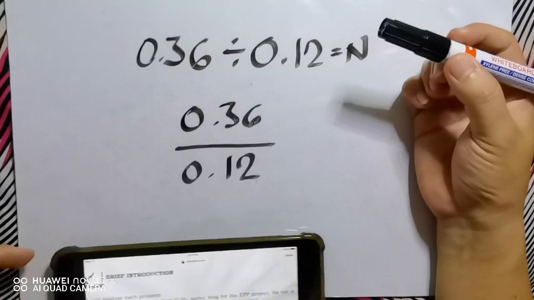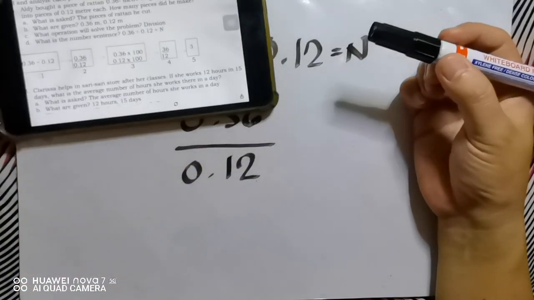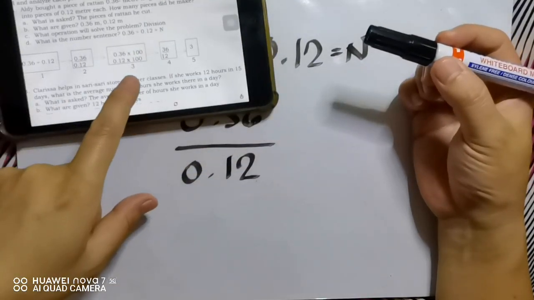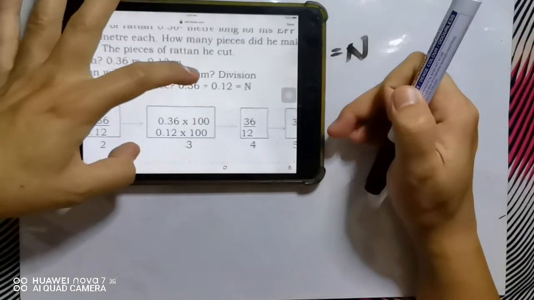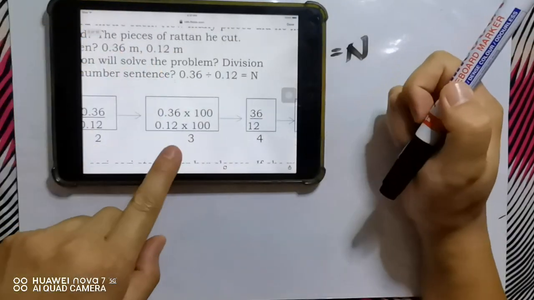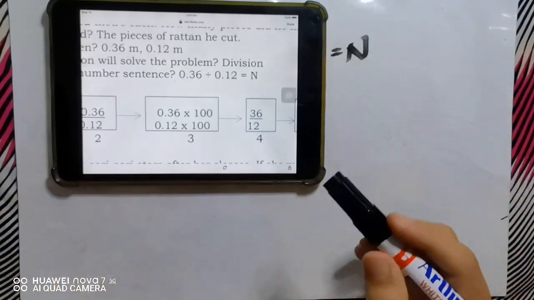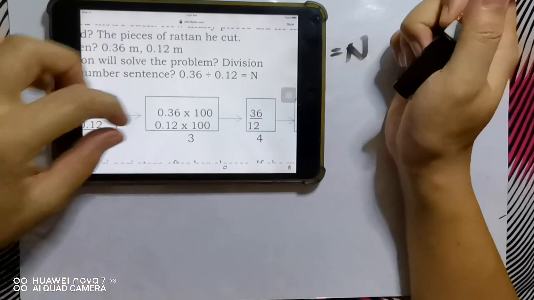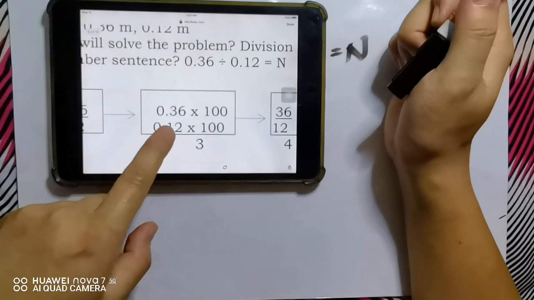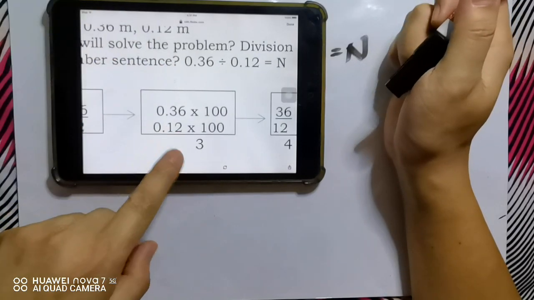Tapos, also here, yung third step, tinimes siya sa 100. Tinimes siya sa 100. Why? Bakit kailangan i-times sa 100? As you can see, in our decimal here, 0.3600, 0.1200.